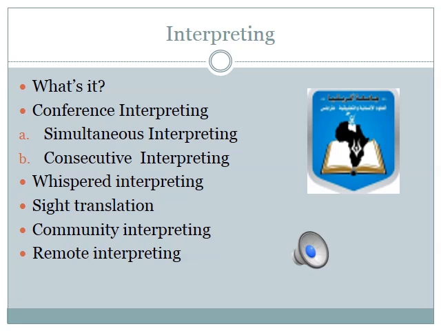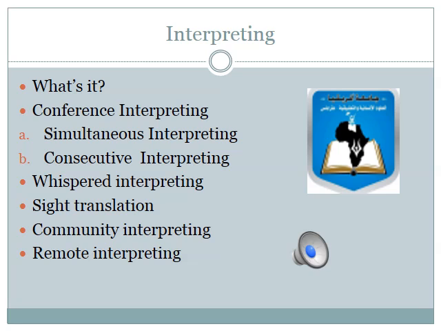Now we're moving into the last type of interpreting we're mentioning in this lecture, which is remote interpreting. And what is it? This is interpreting involving electroacoustic and audiovisual transmission systems to reach beyond the given location.